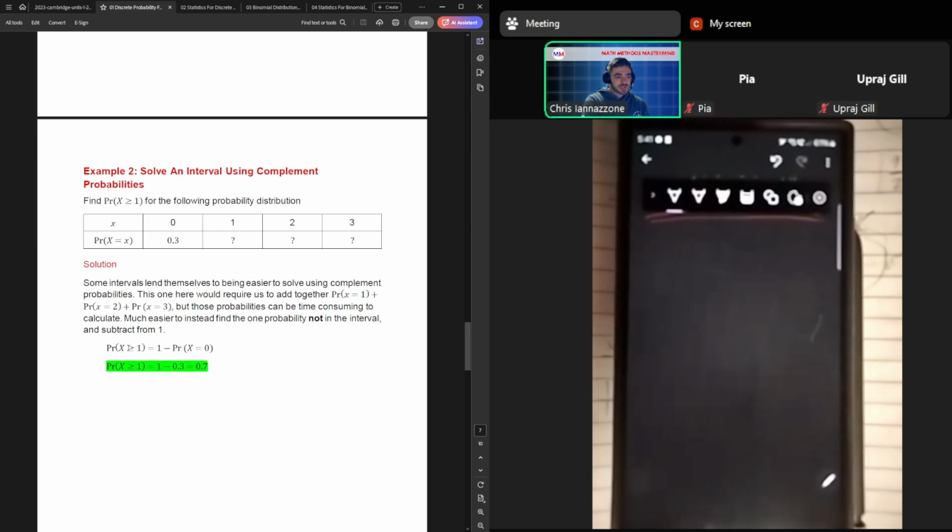So if, for example, this said x greater than or equal to 2, you could do all of this, or 1 minus these two. So whatever's not included, 1 minus that. Now, obviously, in this example, you couldn't do 1 minus like this, because it doesn't exist, but in other questions, yeah, probably. That's that one there.